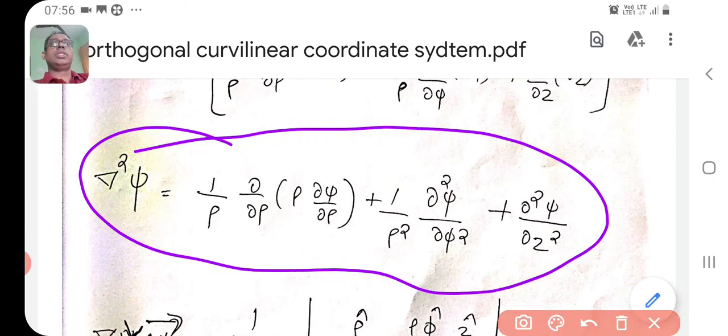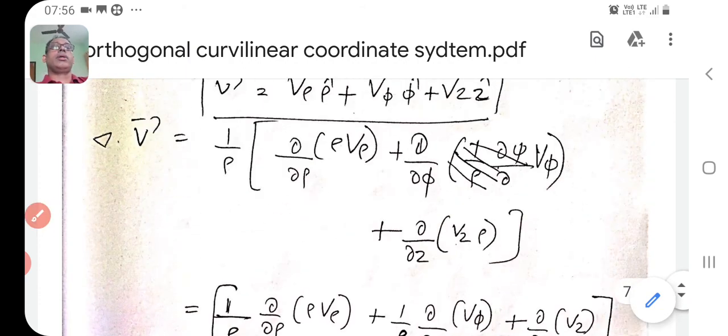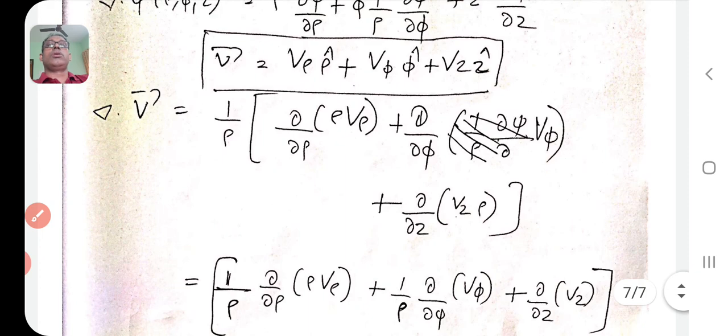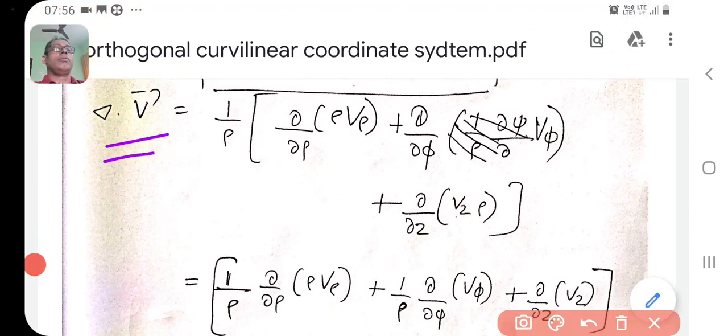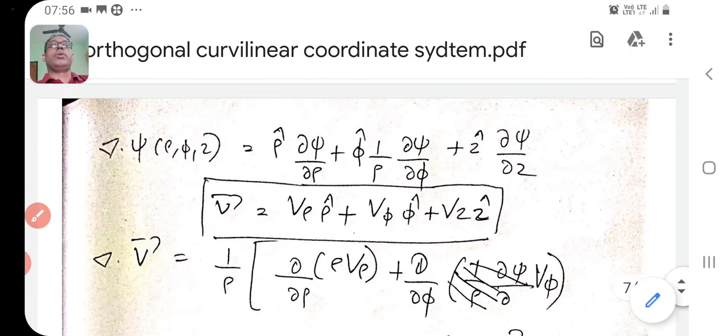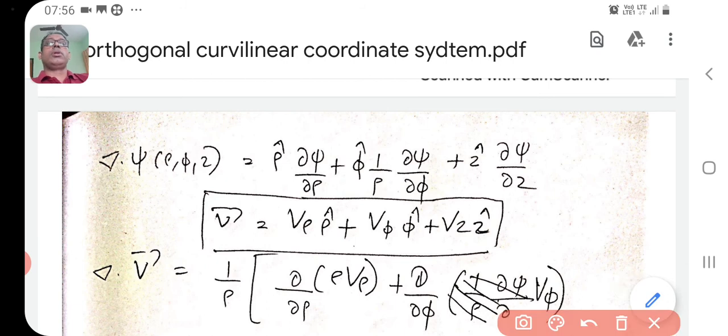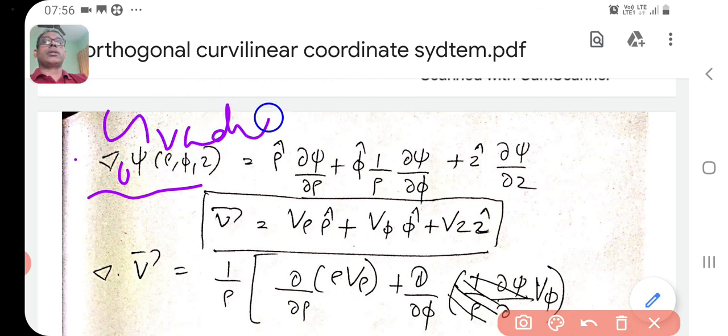You can just substitute, and we get del square phi, and we get del dot V, and this is the expression for del dot V, and this is the expression for del psi. This is actually del psi, this dot is not there. The gradient is this expression.